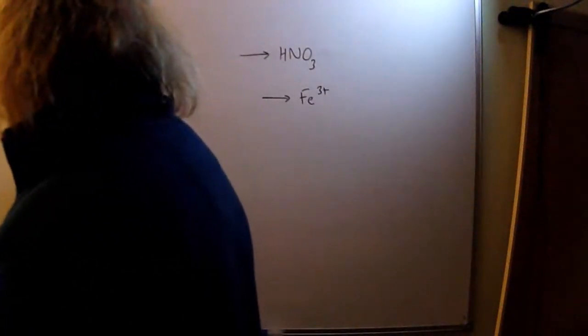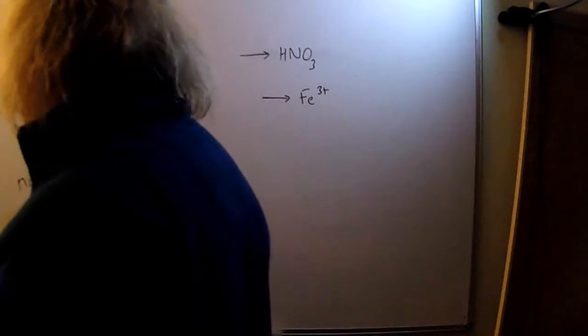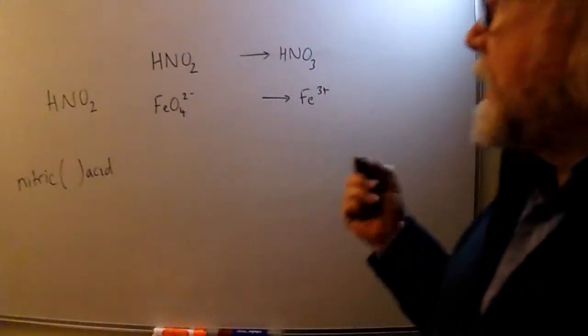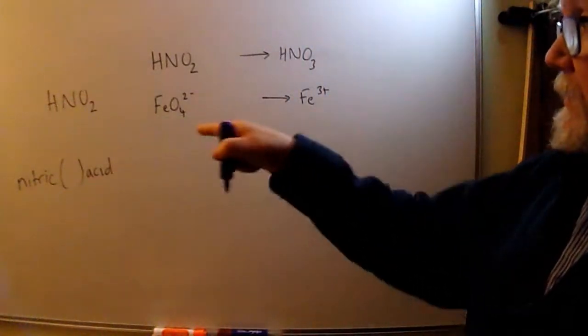So it's going to be nitric something acid. And what you have to do is to work out the oxidation states in order to work out what goes in the bracket there. So if we follow the normal rules, hydrogen in compounds is +1, oxygen in compounds -2.